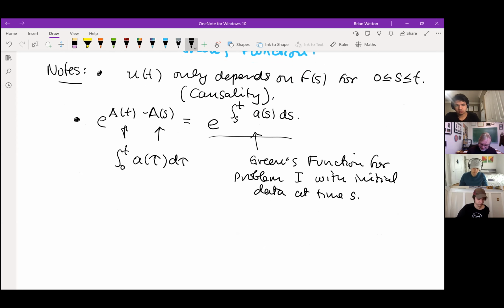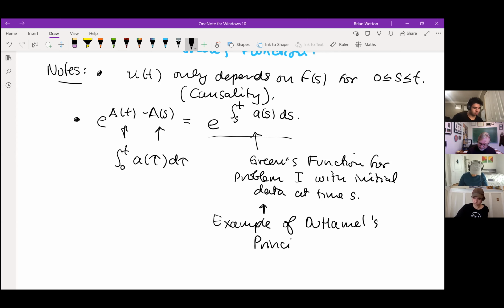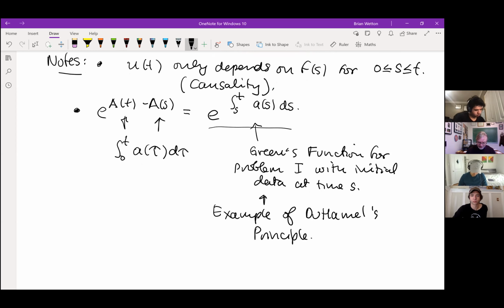So this is the example of Duhamel's principle, which says if you understand the initial value problem, then you know how the forcing enters the story.